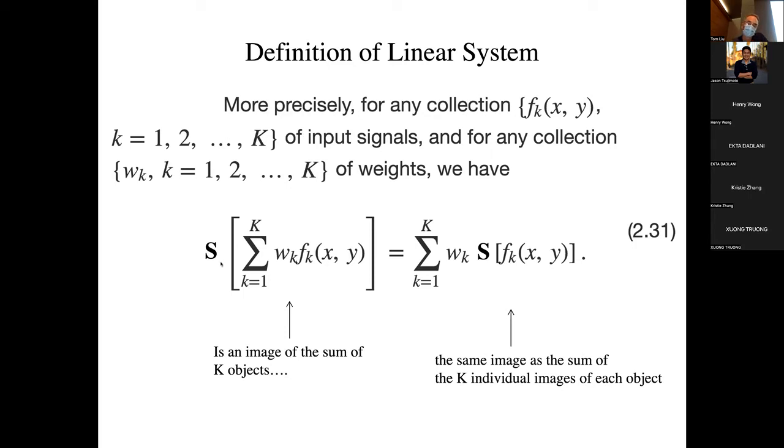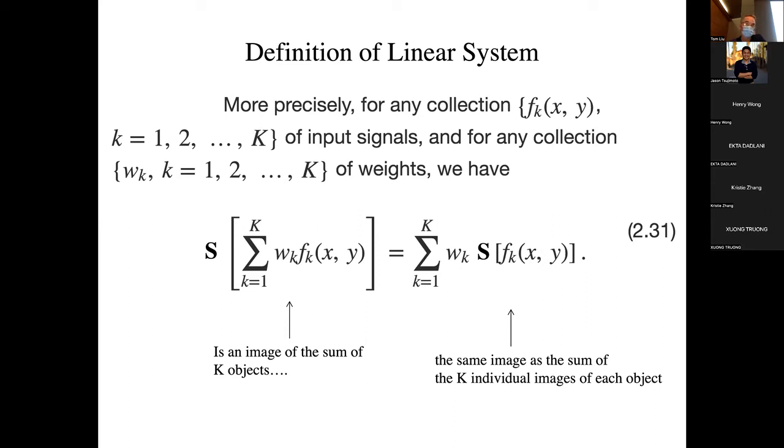If this system is linear, we can also do the following. On each one of those images that was the composite used to make this total image, if I just submit each image to the system and get an output for each one, then I can sum those outputs with the same coefficients, and it will give me the same value.